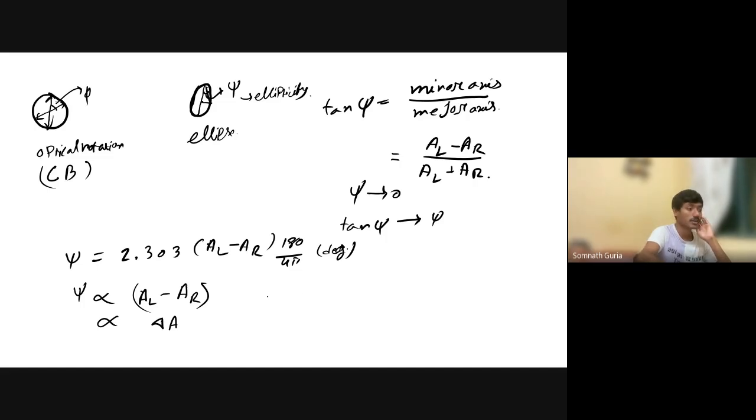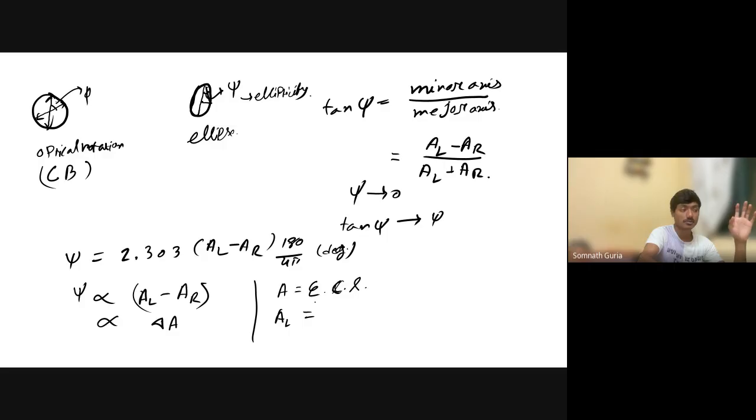Now from Lambert-Beer's law, absorbance equals epsilon C L. You know all those things. Now if we denote it with respect to one particular circularly polarized light, it will be the same for every case. The only change is the interaction between the light and the molecular property.